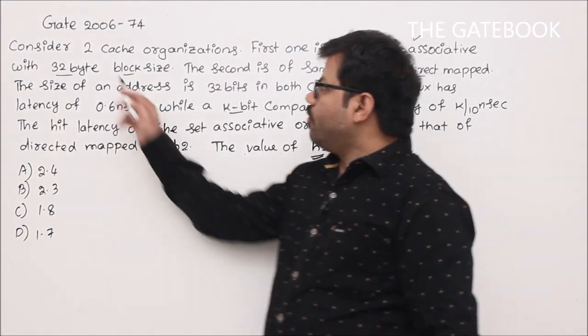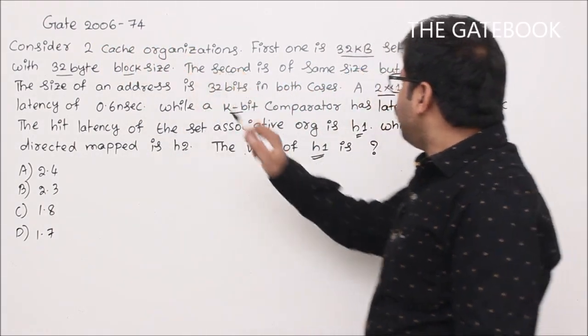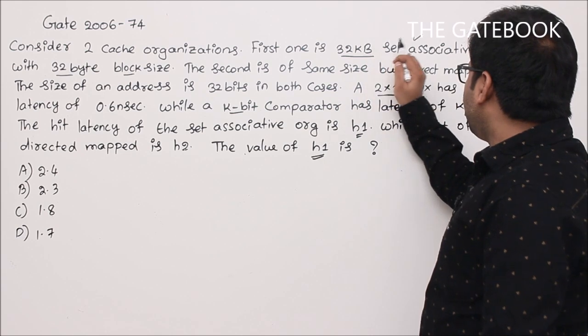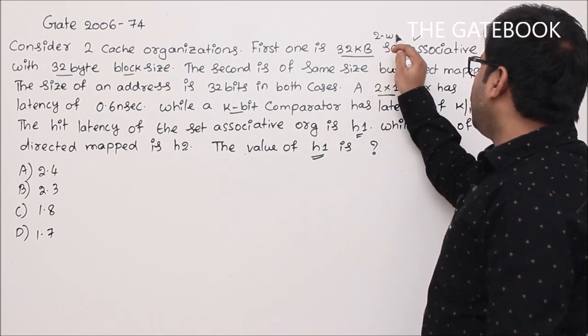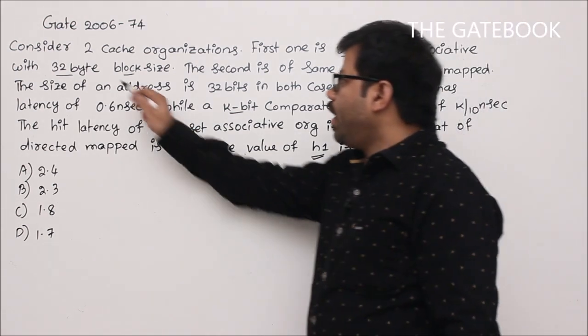See this question, which was asked in the GATE 2006 paper. We have two cache organizations. The first one is 32 KB set associative, and they have clearly mentioned that it is two-way set associative mapping with a 32 byte block size.